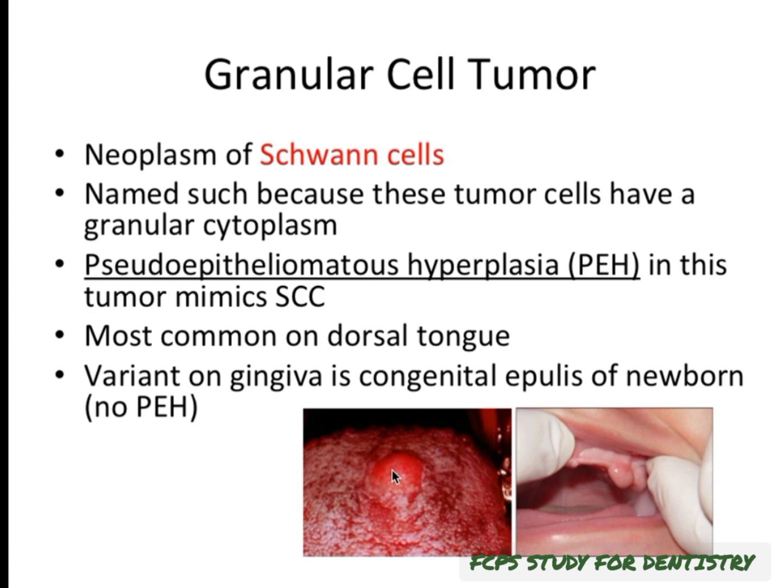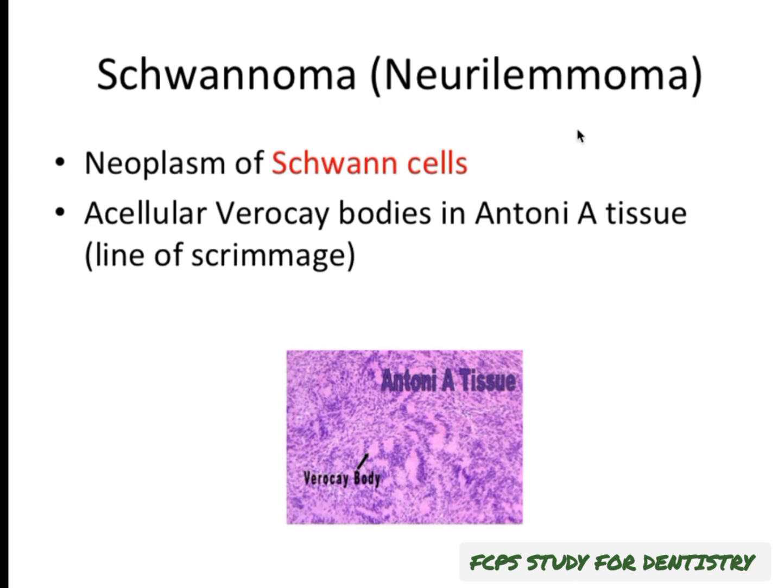Next, we have the schwannoma, also known as neurilemmoma, and I had to double check that spelling because it is a little bit strange. A schwannoma, to no surprise, is a neoplasm of Schwann cells, yet again. And this time, if we look under the microscope, we're doing a lot of histology here.